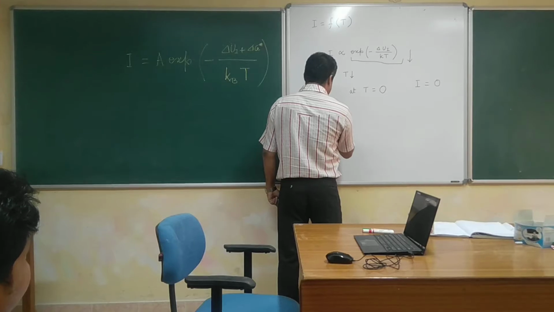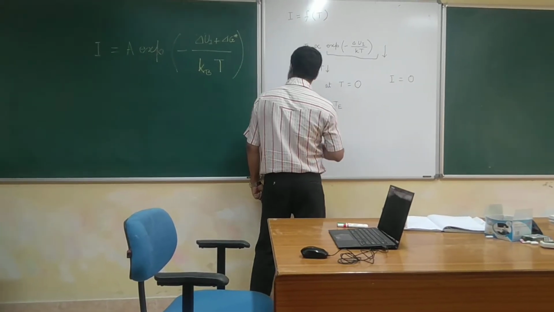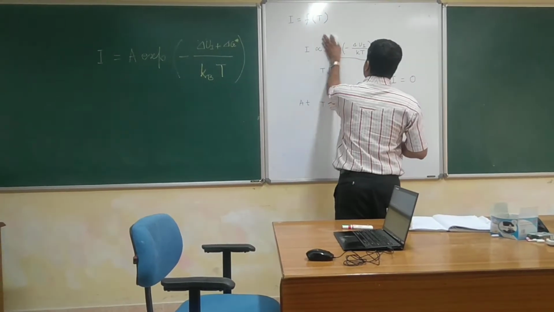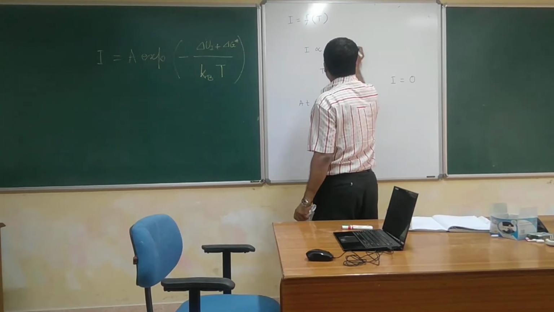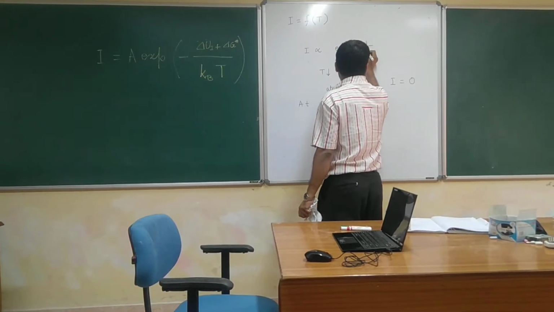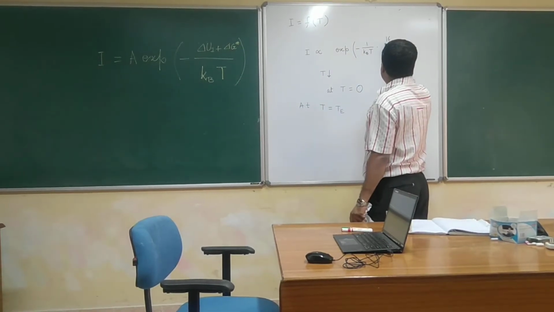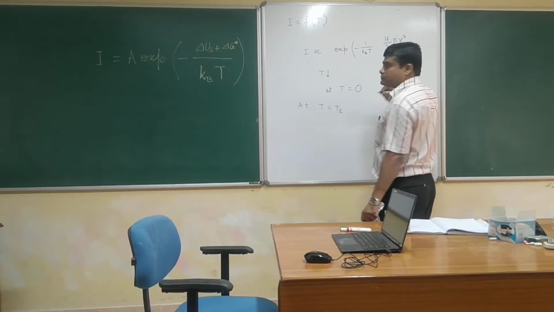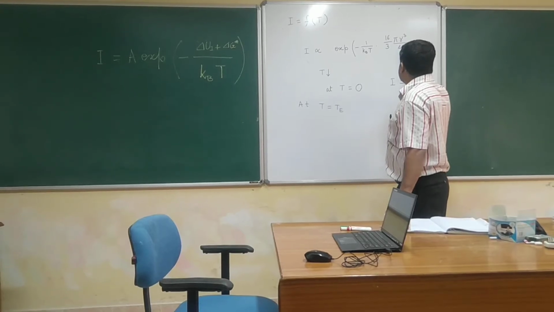Now at T equal to TE, what happens? You also have exponential minus 1 over kBT, and what is the W? W is 16 over 3 pi gamma cubed over delta GV square term.